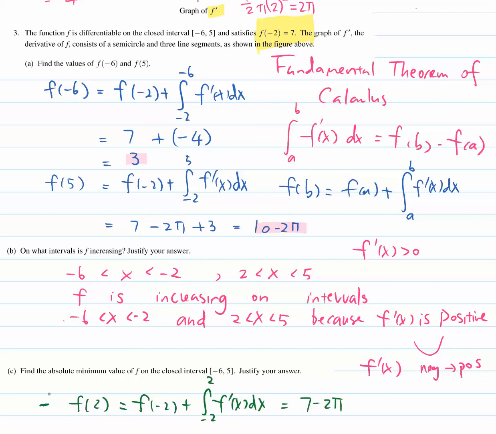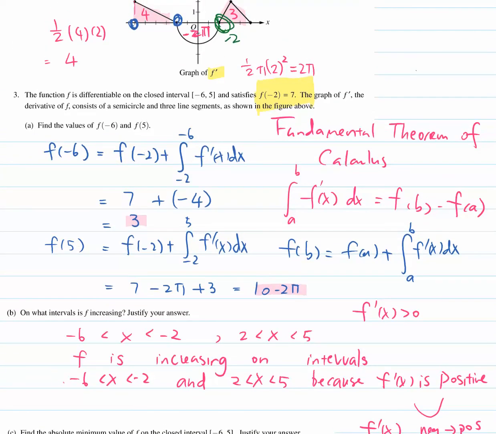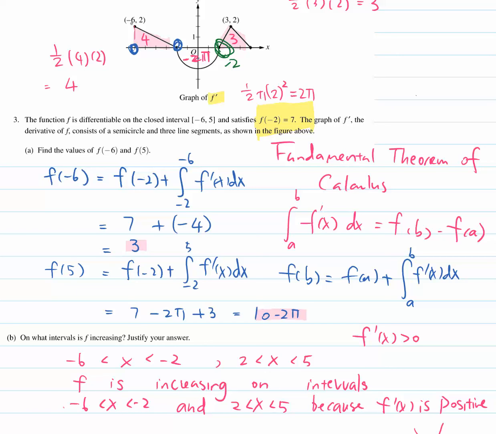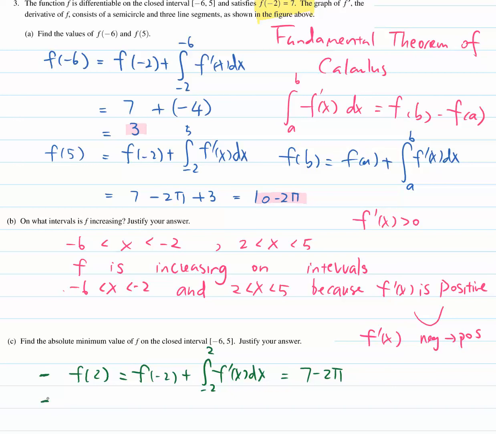So our second step, the endpoints, which are x equals -6 and 3. So f of -6 is f of -2 plus the integral from -2 to -6 of f prime of x dx.